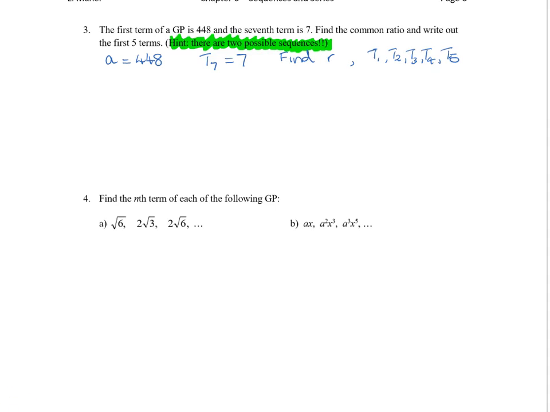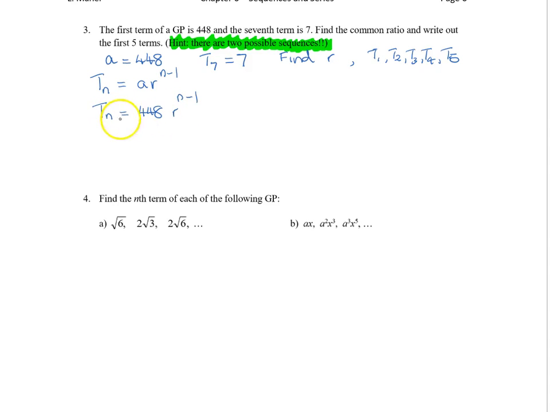So where would we start? We know that A is 448 and T7 is 7. Basically, that's all we know. Well, there is something else we know. We know that the nth term can be written as A times R to the n minus 1. So the nth term could be written as 448 R to the n minus 1.